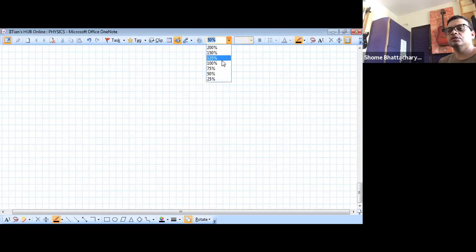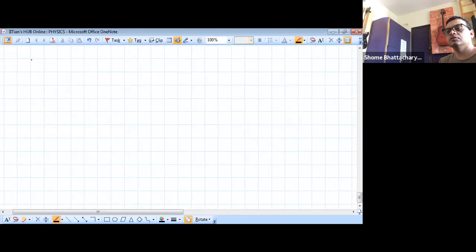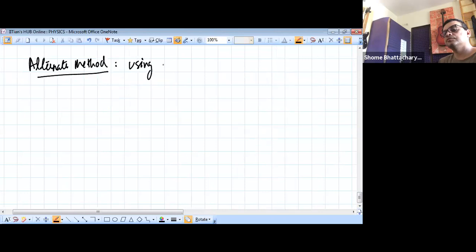Now you can do this question this way using component algebra. Magnitude of vector E is given to us as 5.